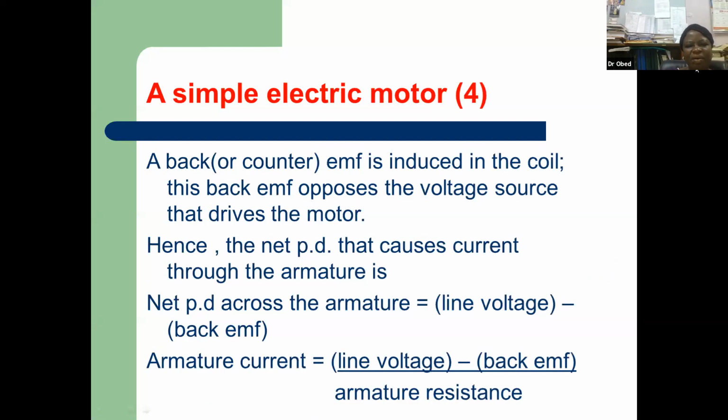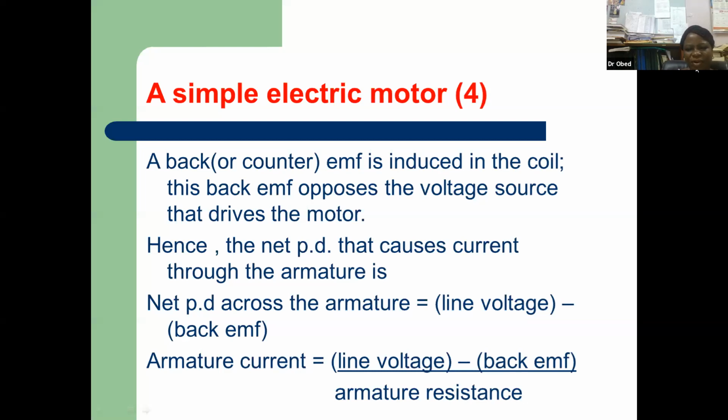A back or counter EMF is induced in the coil. This back EMF opposes the voltage source that drives the motor. Hence, the net potential difference across the armature equals the line voltage minus the back EMF.